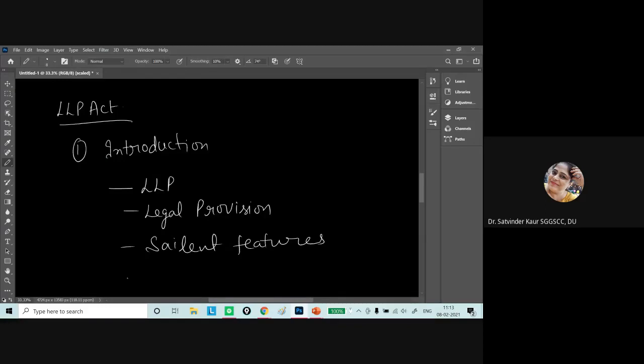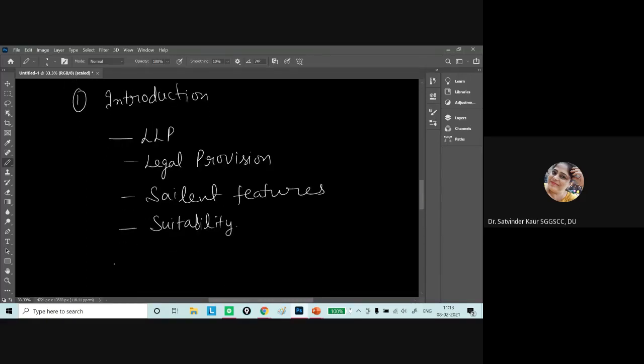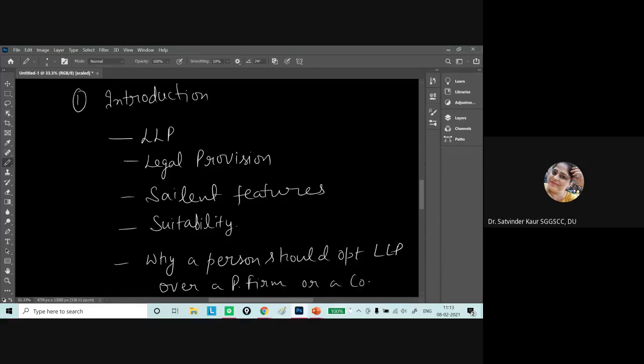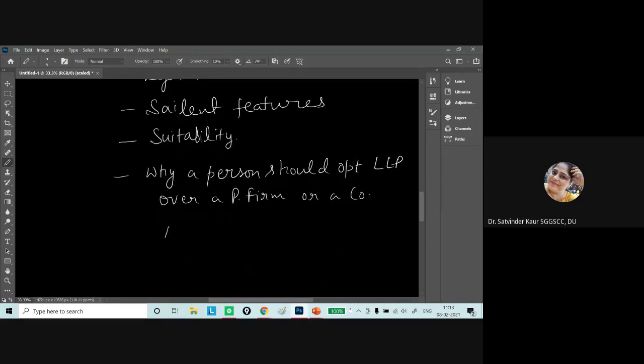And for which kind of organization it is considered appropriate, and why a person should opt for LLP over a partnership firm or a company. So it will give you the difference between a company, a partnership firm, and LLP.